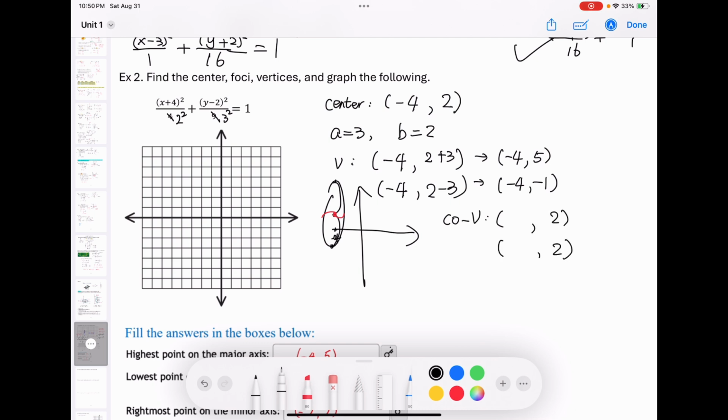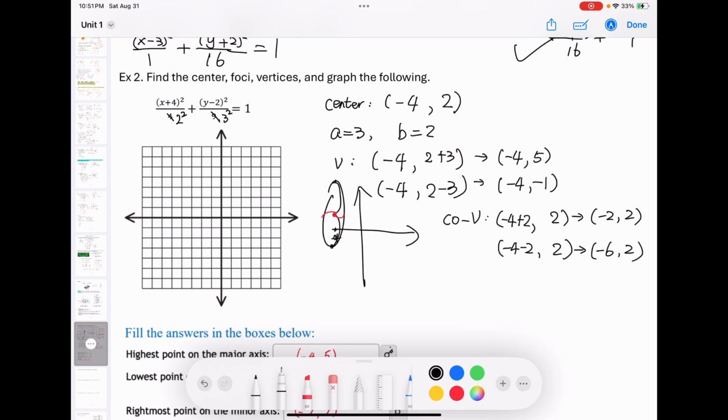So based on the x value, -4, we can plus or minus 2. So -4 plus 2, -4 minus 2. Let's simplify the points. They are -2, comma 2, and then -6, comma 2.